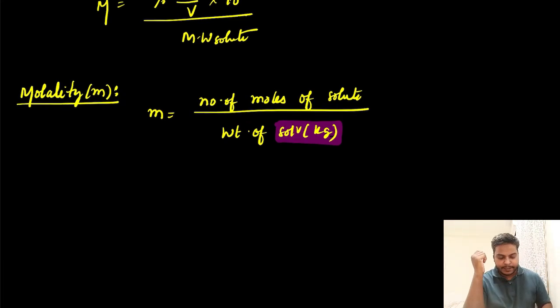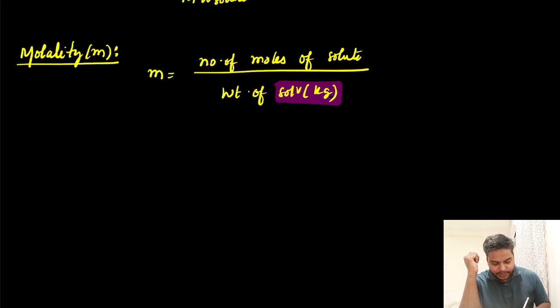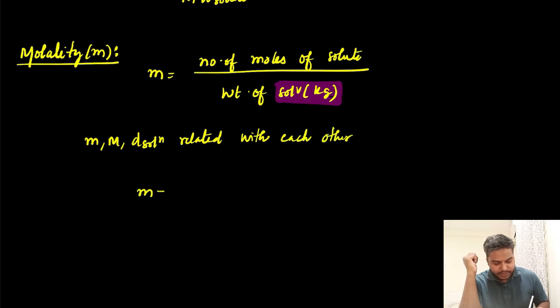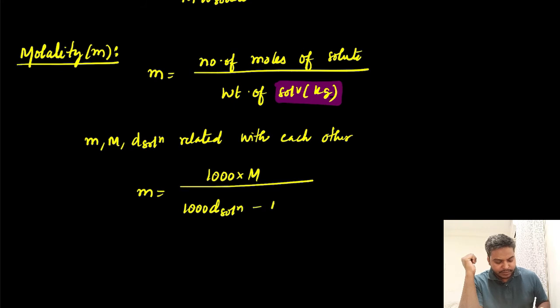Okay. And students, directly I'll tell you that molality and molarity and density of solution are related with each other with a formula that small m is equal to 1000 times of capital M divided by 1000 times of density of solution minus molarity multiplied by molecular weight of solvent.